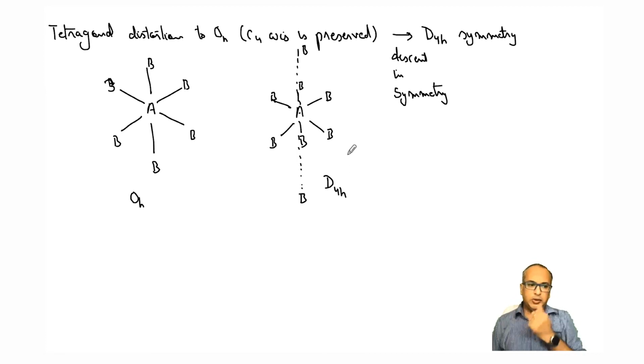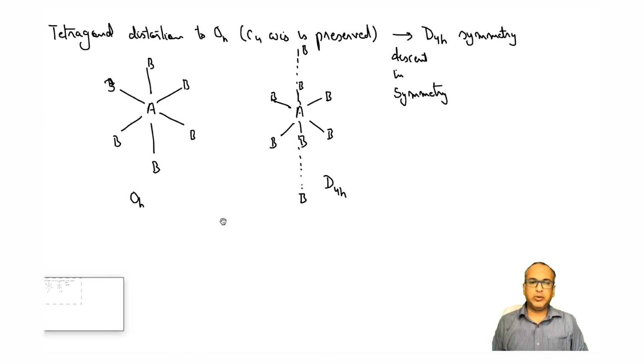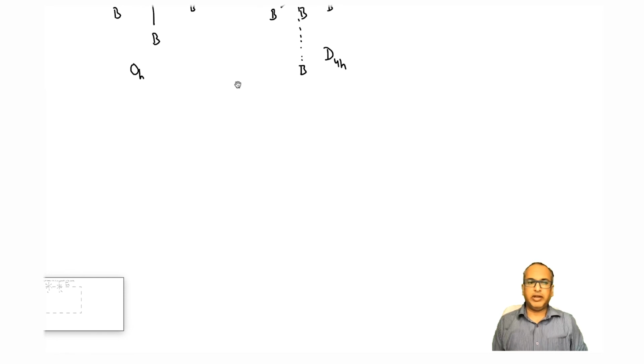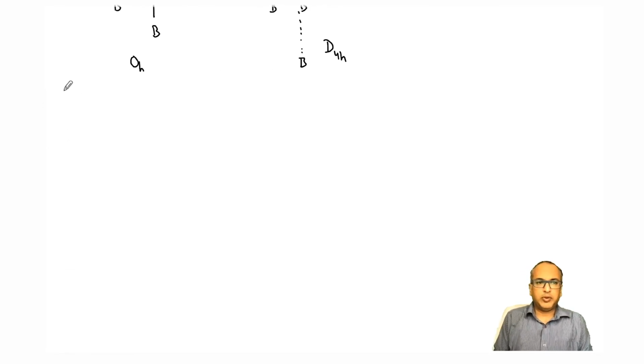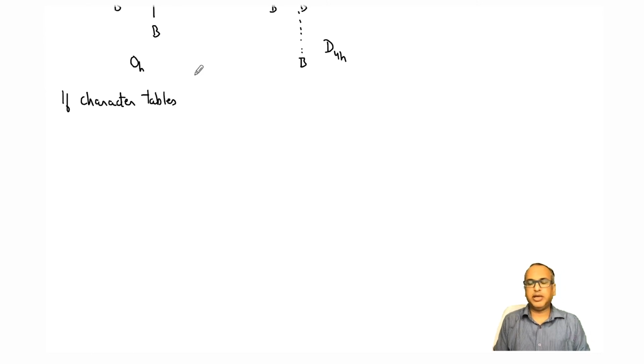Right? So now if you try to see what happens to the t2g and eg set when you correlate the two character tables. We have seen this in descent of symmetry. How do you draw the correlation diagram between two point groups?